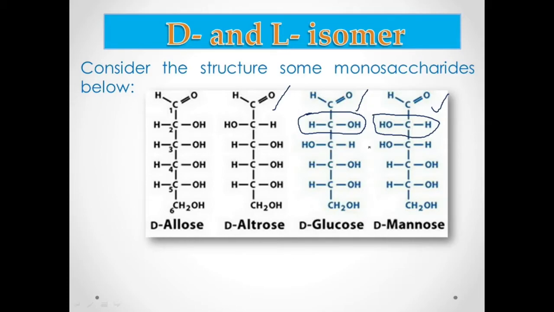So what type of stereoisomer are D-glucose and D-mannose? They are what we call epimers. So they are epimers of each other. Epimers are stereoisomers that differ.